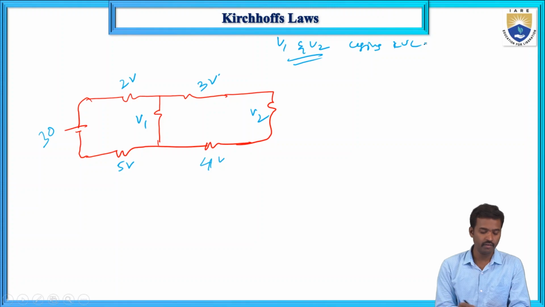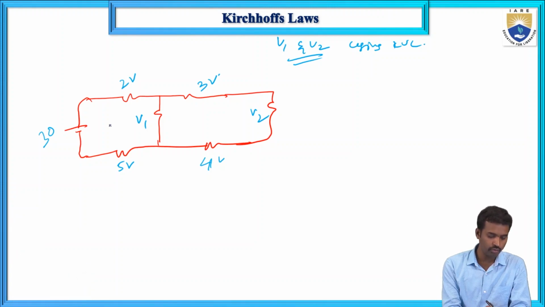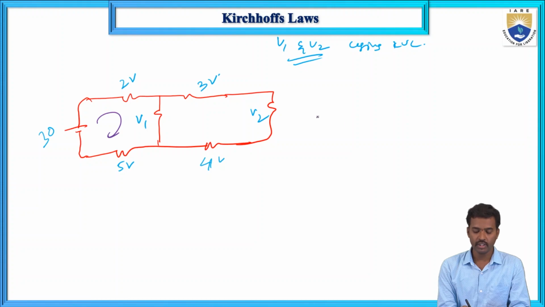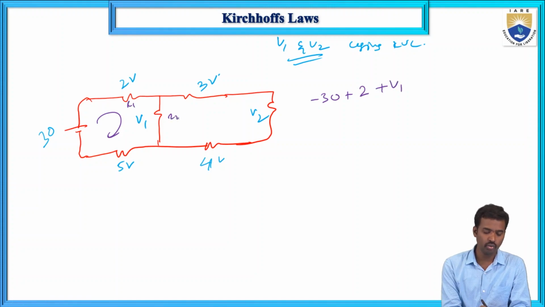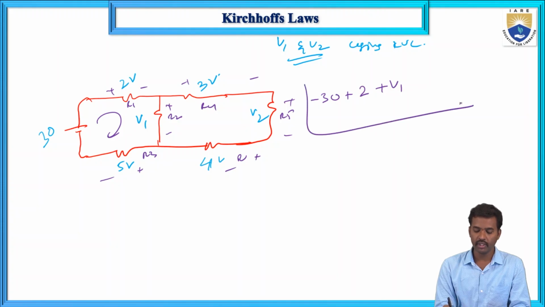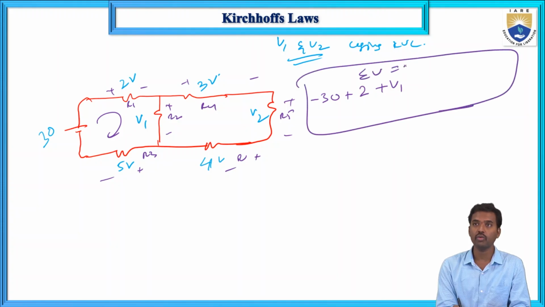Determine V1 and V2 using KVL. Now if you apply KVL in this loop, first minus 30 plus 2 volts plus V1, with resistors R1 to R6 and their polarities. The algebraic sum of total voltages in a loop equals 0, so minus 30, plus V1 and plus 5 volts equals 0.